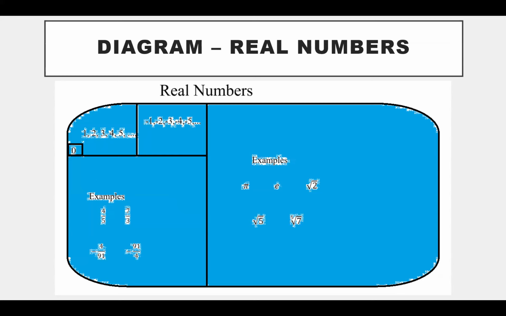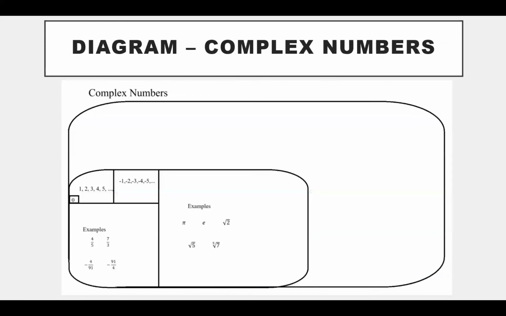Now, for this point in the class, we're just talking about real numbers. Later on, though, we'll talk about complex numbers, and we'll see that the real numbers are just a part of the complex numbers. So all of these are real numbers. That's just one part of the complex numbers.